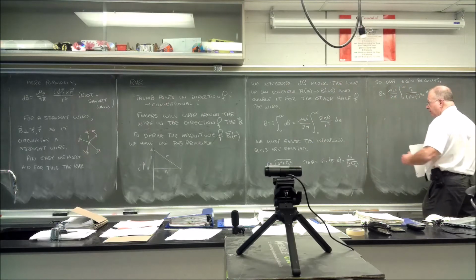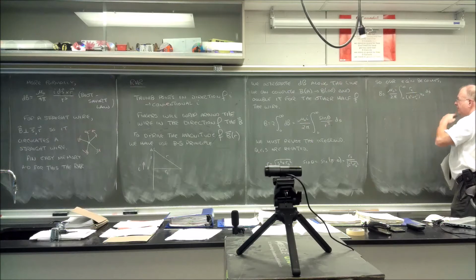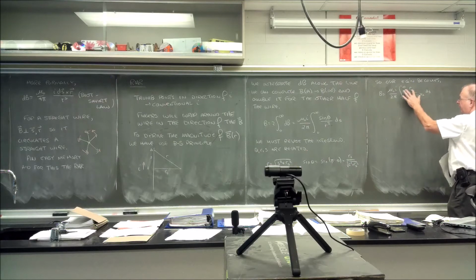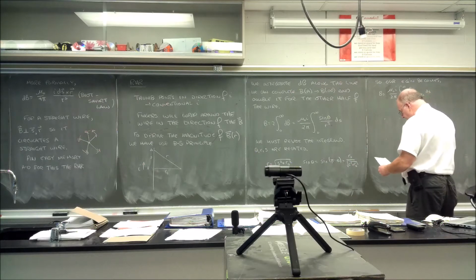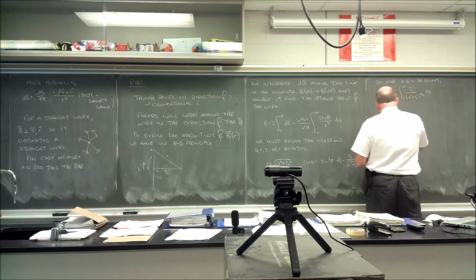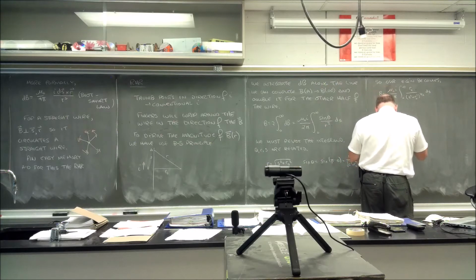So this integrand equals this one, but now we have it only in terms of S and constants, which is a good thing. And so you could theoretically move this R naught over here if you wish to do so. And so we get B is equal to mu naught I over 2 pi R naught.